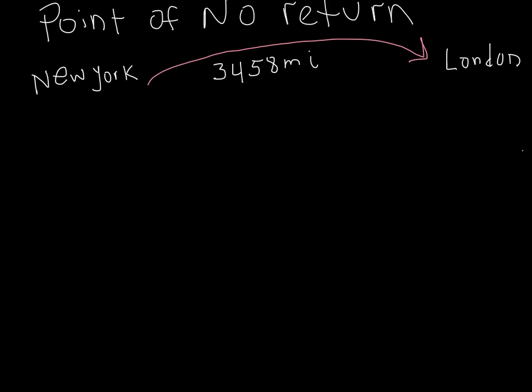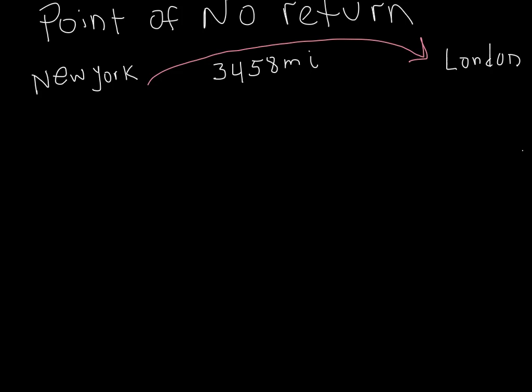The flight's point of no return is the point at which the flight time required to return to New York is the same as the time required to continue to London. If the speed of the plane in still air is 360 miles per hour, how far is New York from the point of no return?